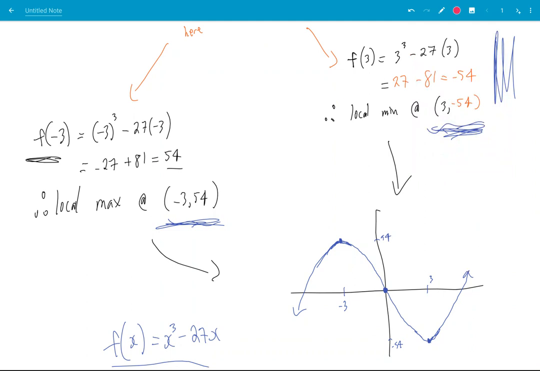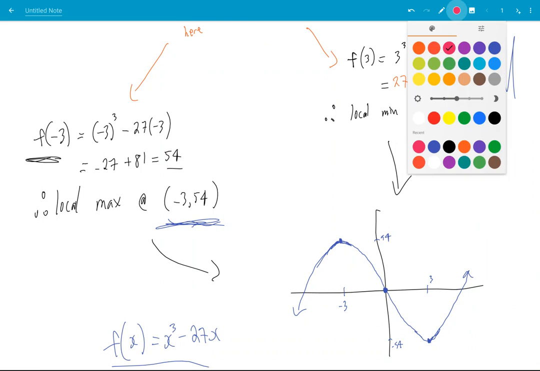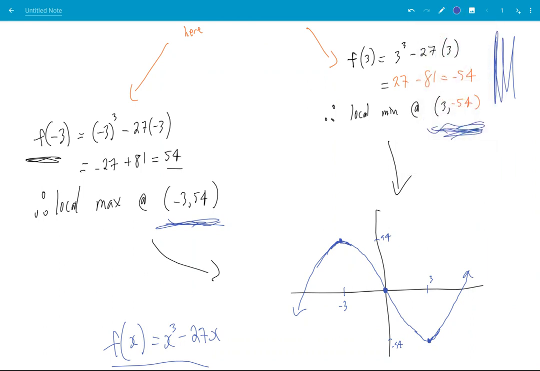Well, if it were doing this, that would be another max, right? And I would have found that already, but I did not find it. So it tells me that this curve just has to continue on the way it's going. You can't change direction. And likewise over here. Okay, so here's my rough sketch of f.